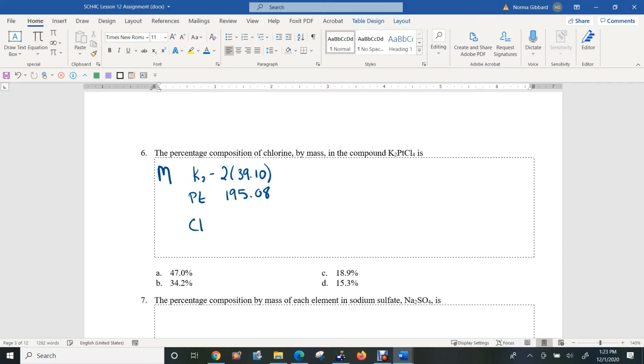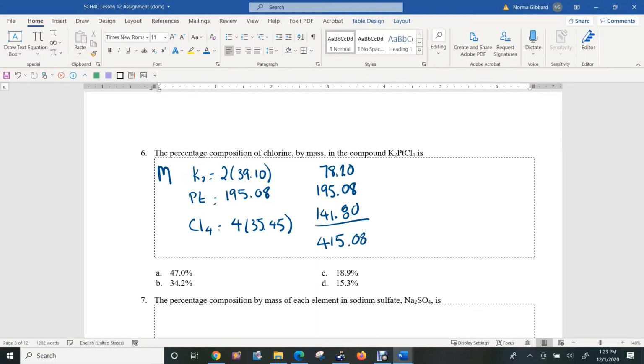And chlorine, and you have 4 of them, is 4 times 35.45. So we have 78.2, 195.08, and 141.80.